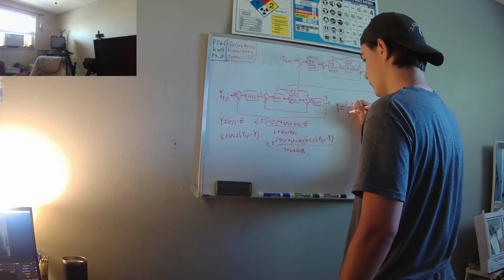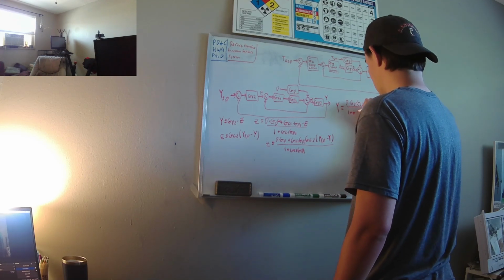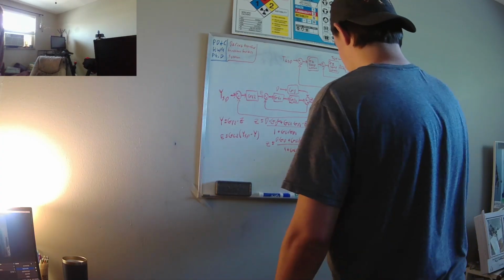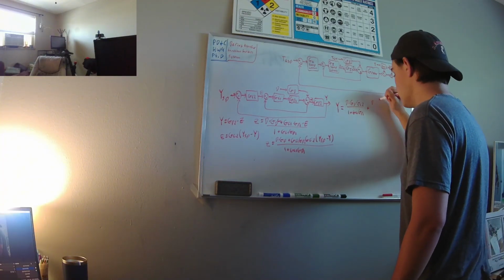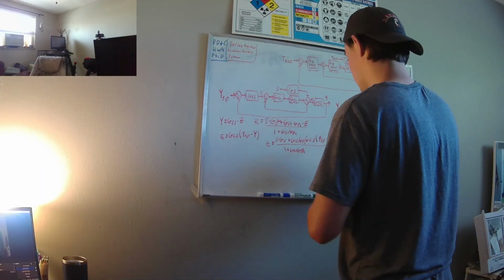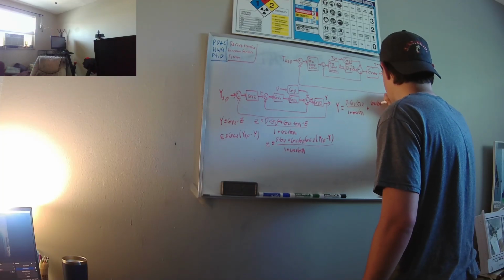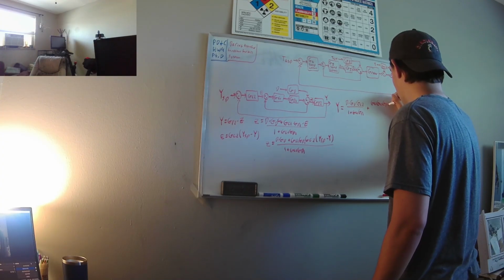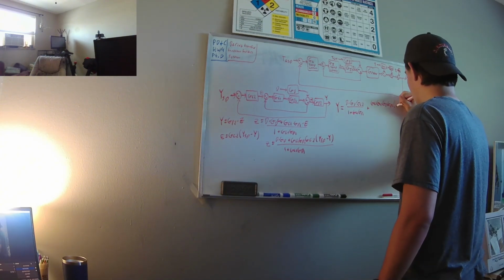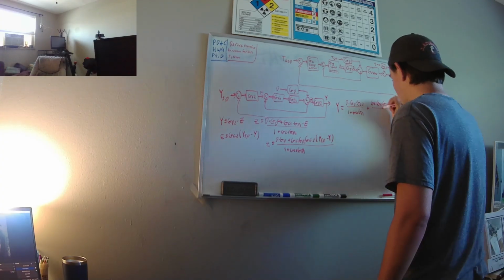All divided by 1 plus GC1 GP1, plus GC1, GC2, GP1, GP2, all times YSP minus Y, divided by 1 plus GC1 GP1.